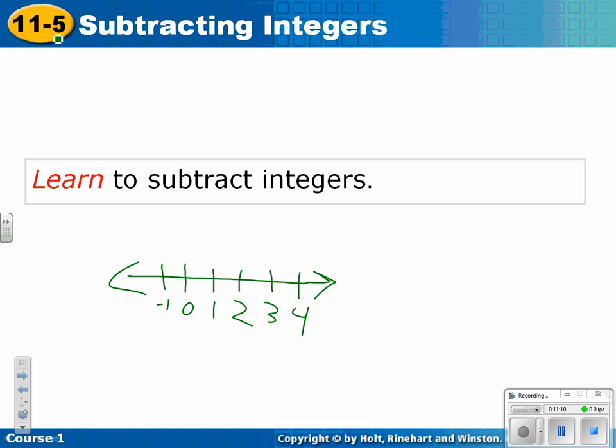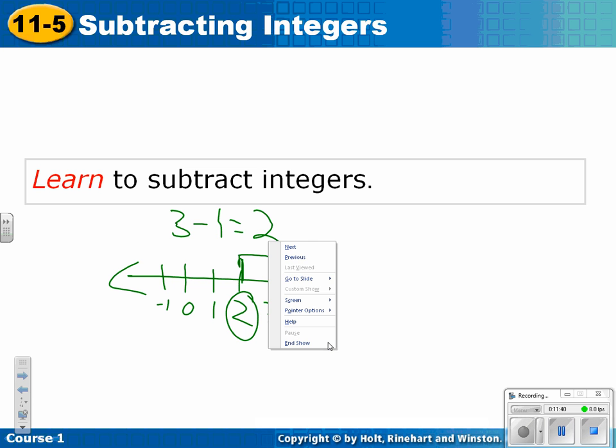So if you had the problem 3 minus 1, what you did was you put your finger on 3 and minus 1 means you went back 1 right there, and you ended up with 2. That's what you did. Well, we're going to do the same thing, except we might go a little bit farther.